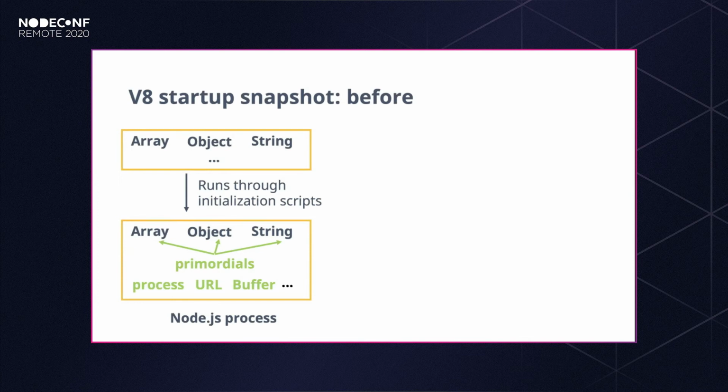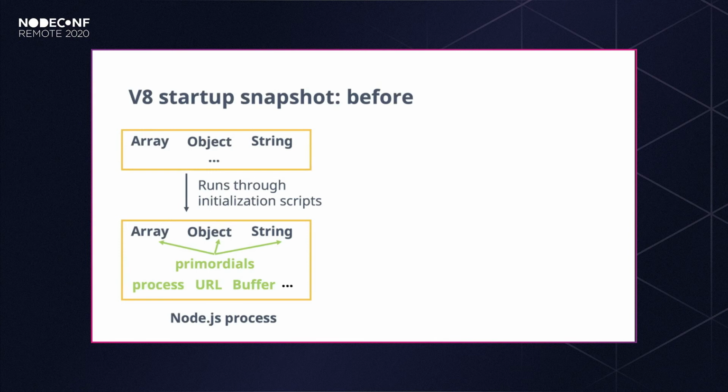Before we integrated the V8 startup snapshot into Node, we had to run a few scripts in order to initialize the primordials and the globals, including the process object and its properties, and also the Buffer constructor and all kinds of web APIs that Node implements.